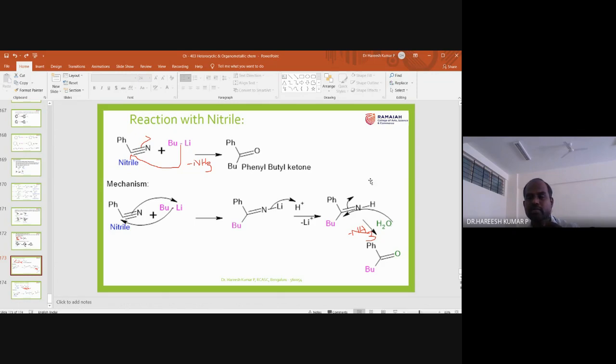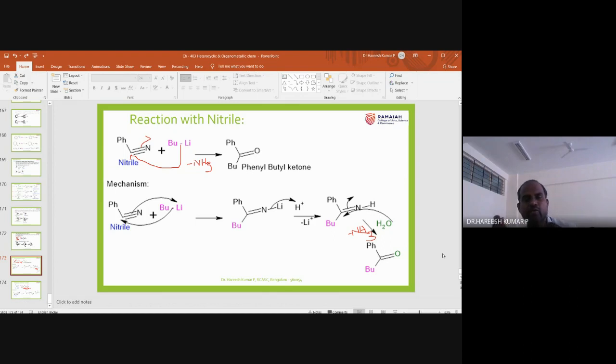This can pick up a proton. So that is how this NH goes out as NH3, forming a ketone; phenyl butyl ketone is obtained. So what it means is nitrile on reaction with butyl lithium gives ketones. With this, I will go to the next slide.